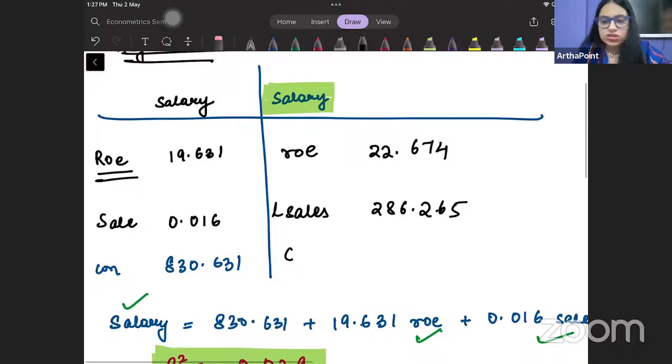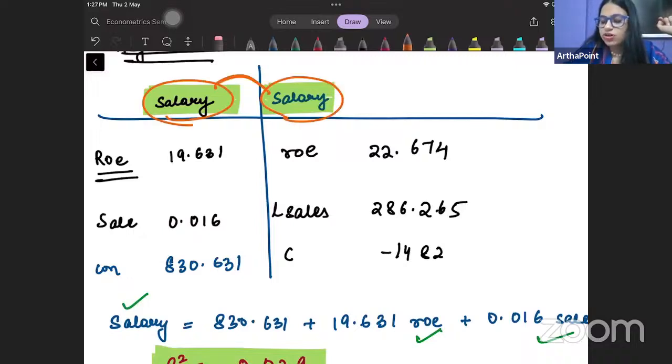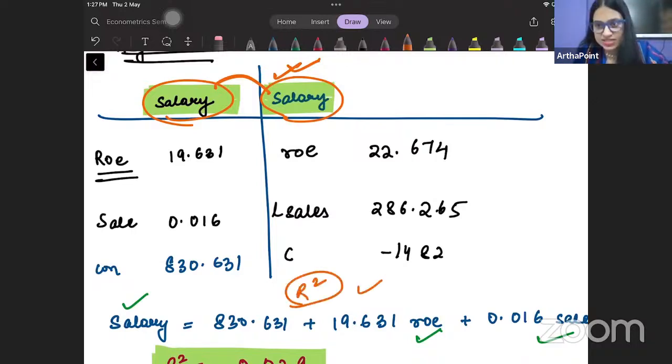And then you had the constant as minus 1482. The first thing you have to notice is that because the dependent variable is in the same form, these two models are comparable. We can compare their R squares because the dependent variable is in the same form.